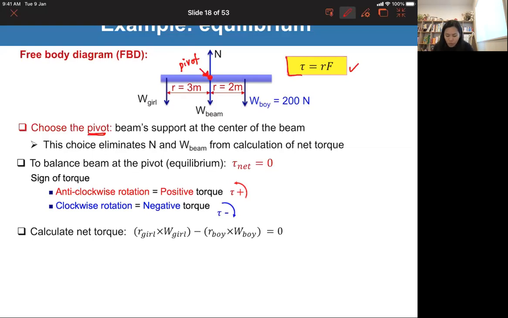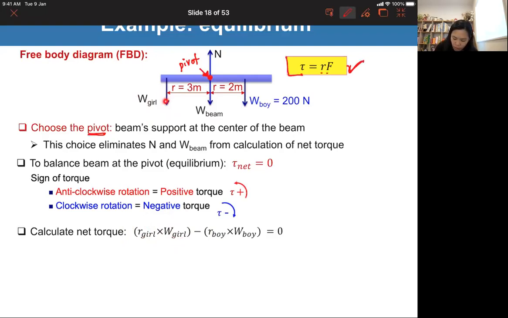So the net torque: look at each of the forces. The weight of the girl on the left will introduce a torque. That torque will be equal to the lever arm of the girl times the weight force of the girl. Notice from this equation, torque is equal to lever arm times the force.